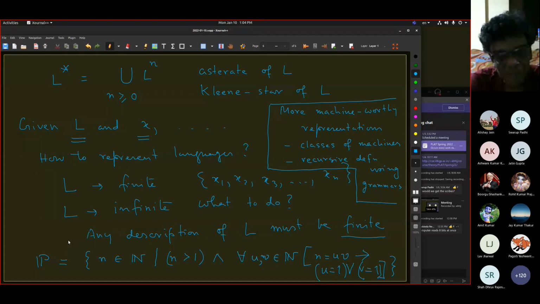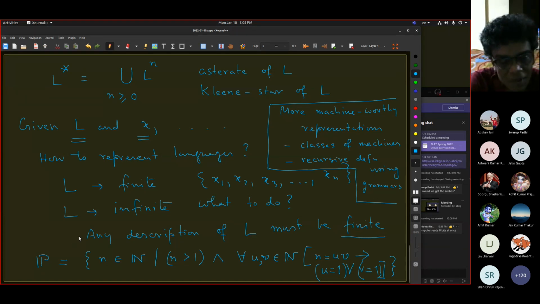Could you please tell how we can describe the set of natural numbers, like how we describe primes? We use the set of natural numbers for the definition of primes. How do we define the natural numbers? If you want me to define natural numbers, this is a very difficult thing.